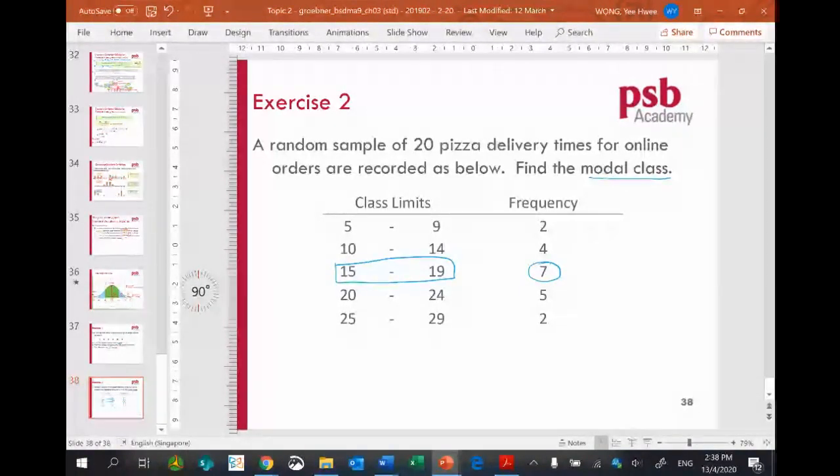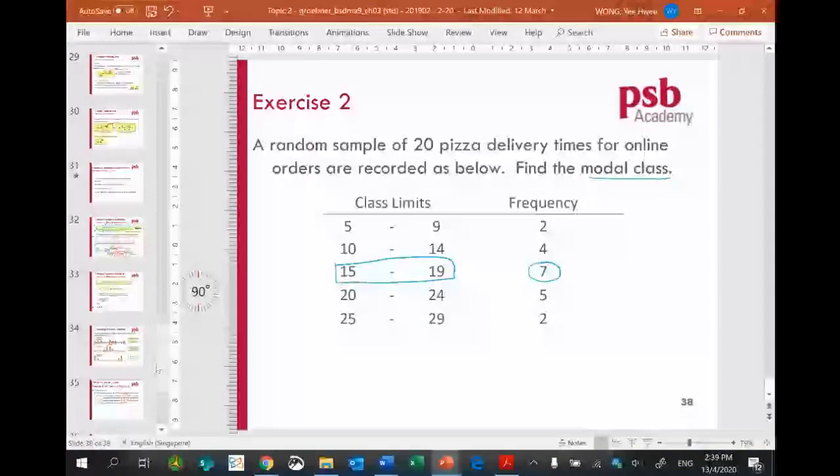So which is the modal class? The modal class will be the class with 15 to 19 minutes. Yeah, the answer is this. You don't need to do any calculation as I showed you earlier. No calculation needed. You just need to identify which is the modal class. Got it? Okay.